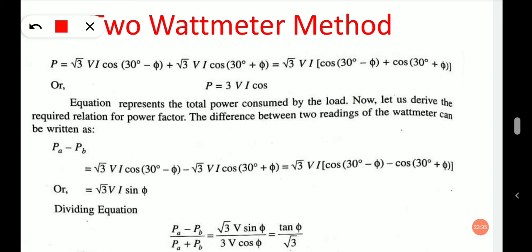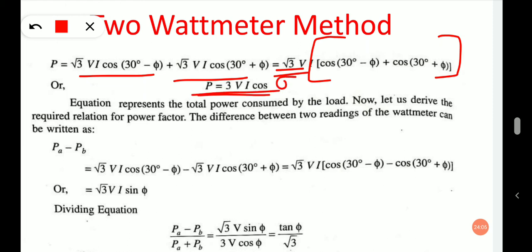PA is root 3 VI cos 30 minus phi and PB is root 3 VI cos 30 plus phi. So here root 3 VI is common, and in the bracket cos 30 minus phi plus cos 30 plus phi, or we can write P equals 3 VI cos phi, and this equation represents the total power consumed by the load.